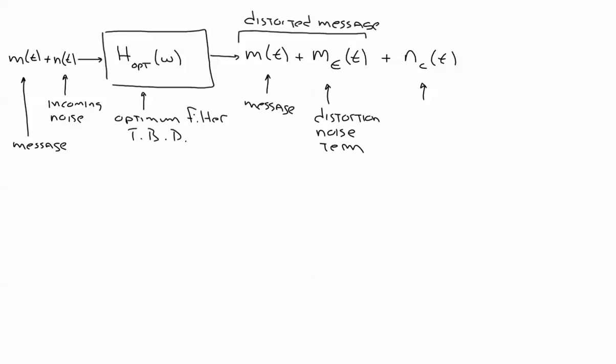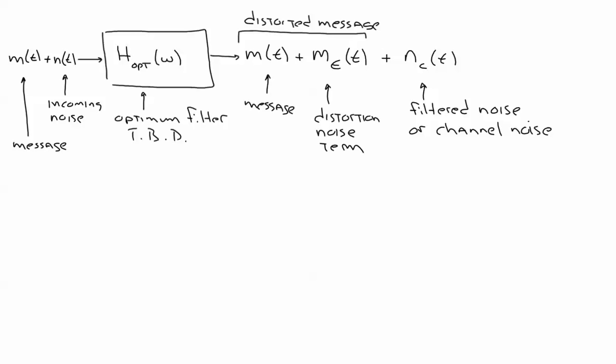And this is going to be my filtered noise, also known as channel noise. Filtered noise is sometimes referred to as channel noise, thus the N sub C. Okay?